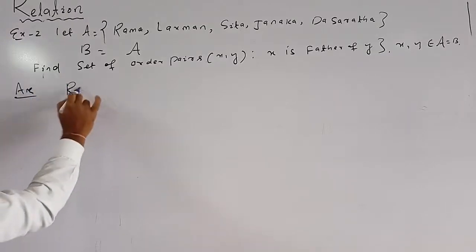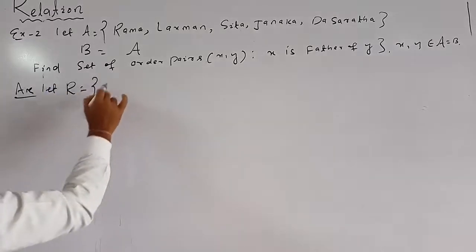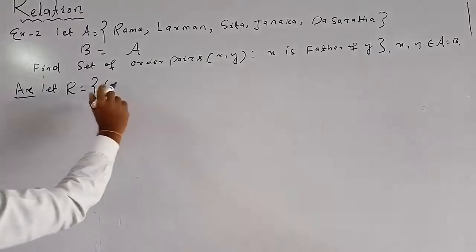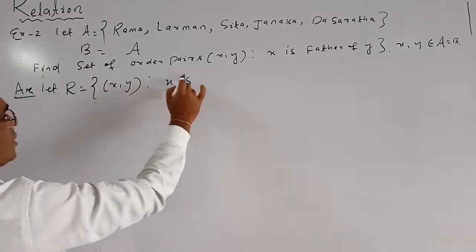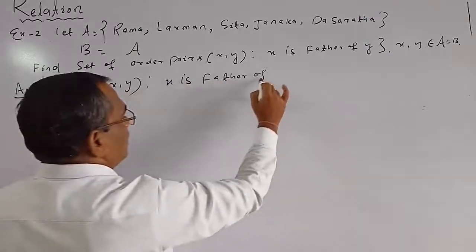Here let R be the set of order pairs x comma y such that x is the father of y.